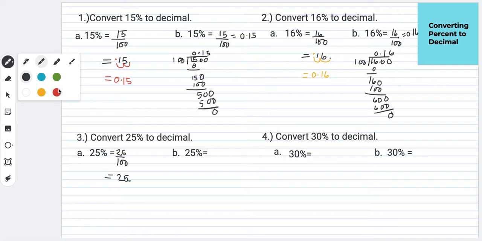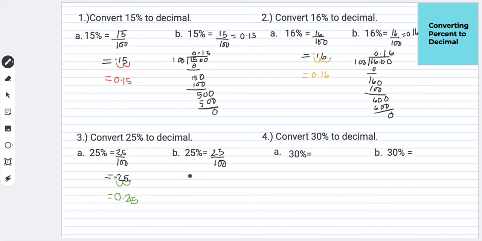And then we have to move the decimal point 2 places to the left side. We have it here. And the equivalent of 25% in decimal is 0.25.